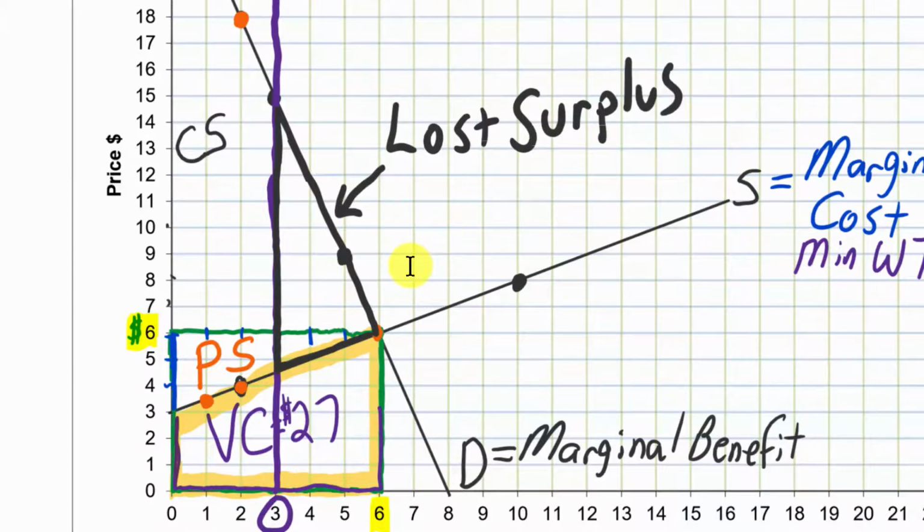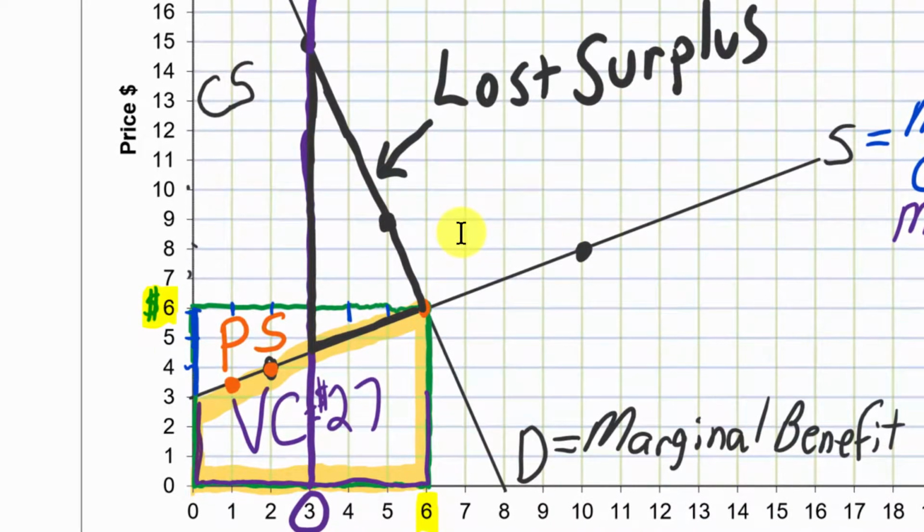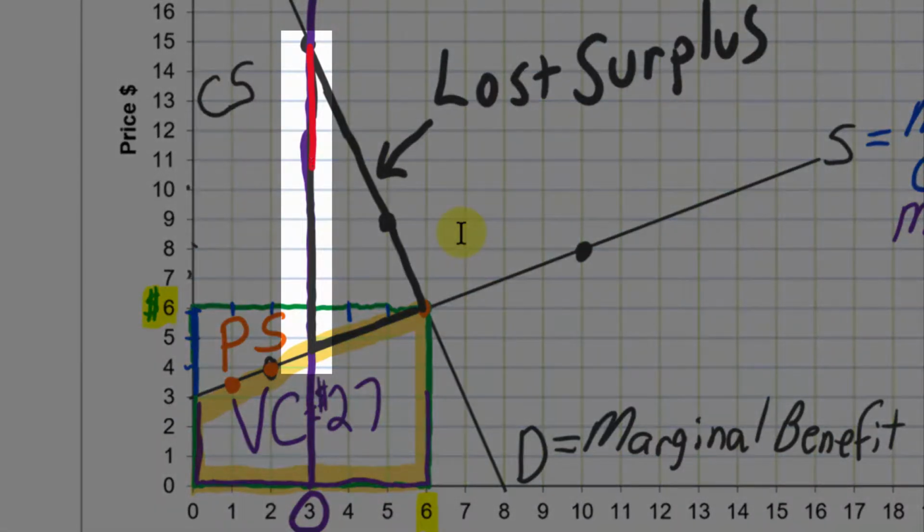How much deadweight loss would be created here? Well, it's going to be the area of this triangle that I outlined in black. How big is it going to be? Well, this triangle, the area of a triangle is always 1/2 base times height. I like to think about the base as being this part of the triangle. And we just count up how long is the base of that triangle.